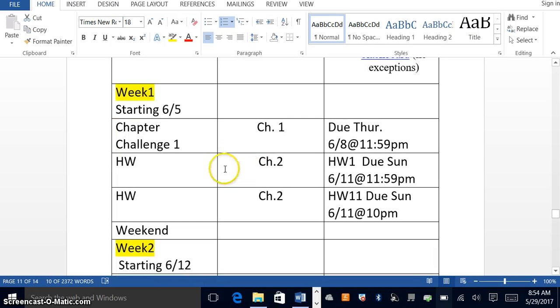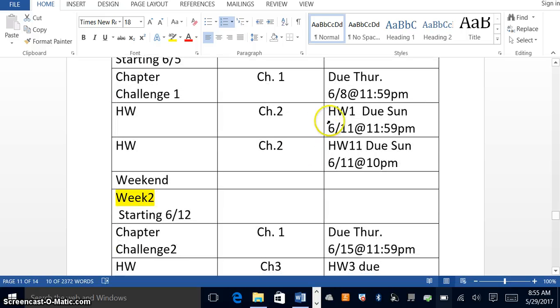So let's say, for example, here's the first week, 6-5. The first chapter challenge is due Thursday, a minute before midnight, which is the 8th. You can see all this quite clearly. The first two homework sets, homework 1 and homework 2. I don't know why that says homework 11.